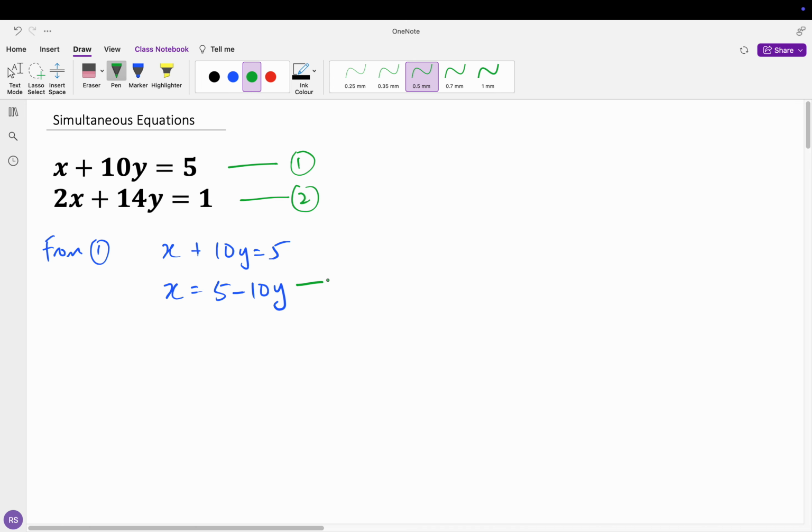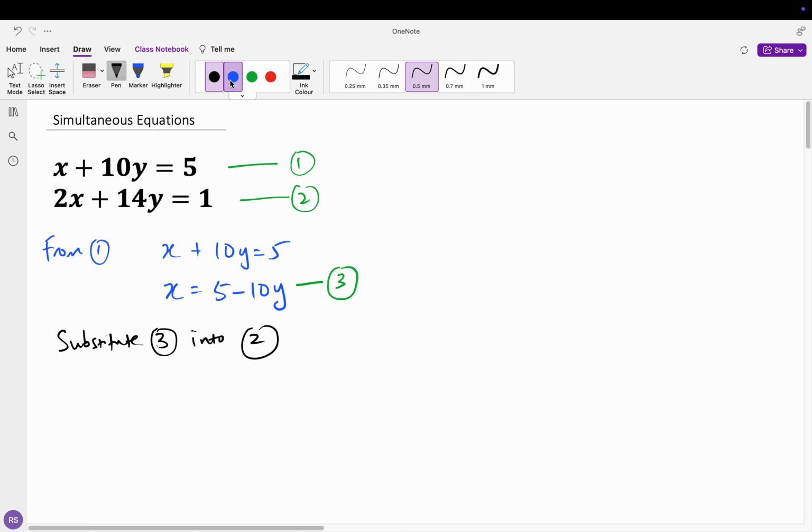And now I can call this equation 3. So now the next step is to substitute 3 into the other equation. You must understand that since I obtained 3 from 1, I must substitute 3 into the other equation, which is 2.